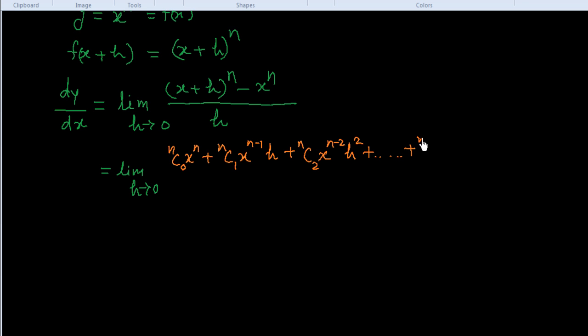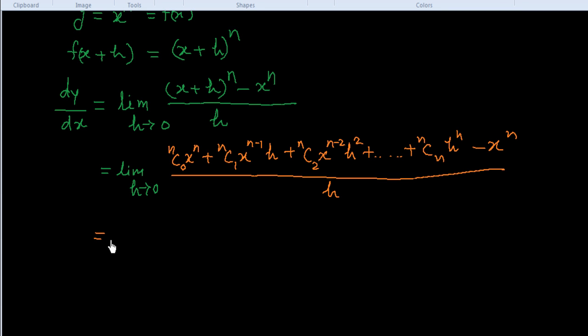At the last we get n combination n h power n, and minus x power n is already there. In the denominator there is h. So we get the limit h tends to 0, n combination 0 is 1, and x power n. This x power n is positive and the other x power n is negative, so we can cancel them. First, we have the remaining terms.